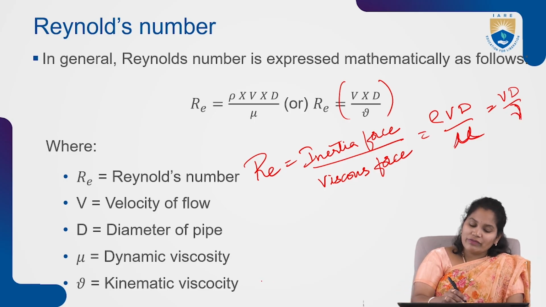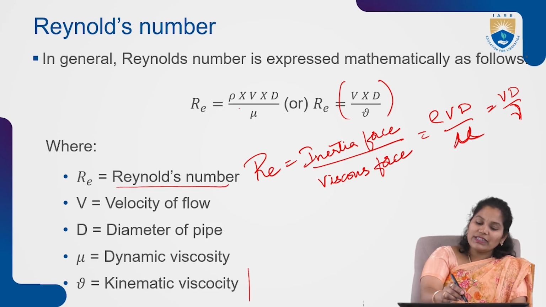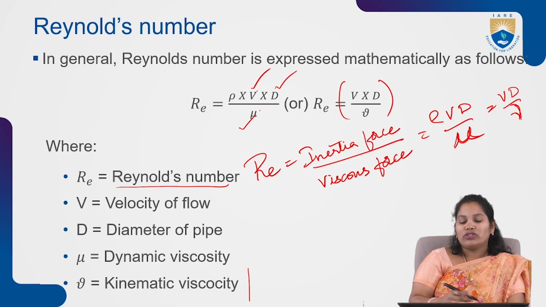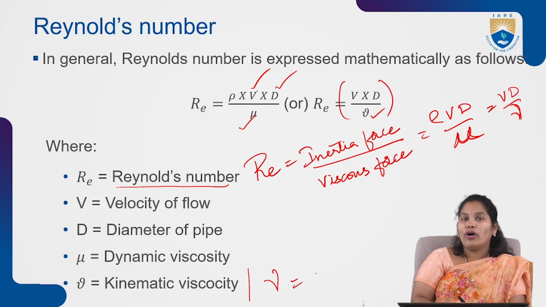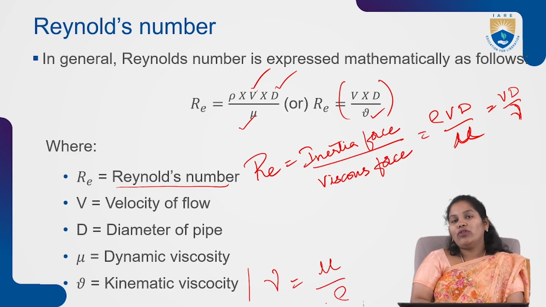So what is kinematic viscosity here? Let us say Re is the Reynolds number, V is the velocity, D is the diameter of the pipe, and mu is the dynamic viscosity. Kinematic viscosity is the ratio of dynamic viscosity to density of the fluid.